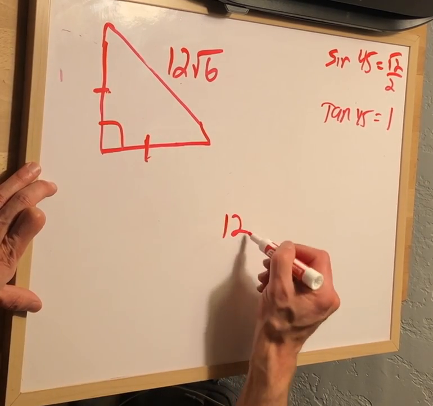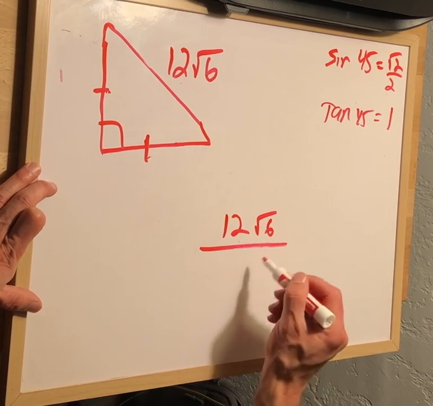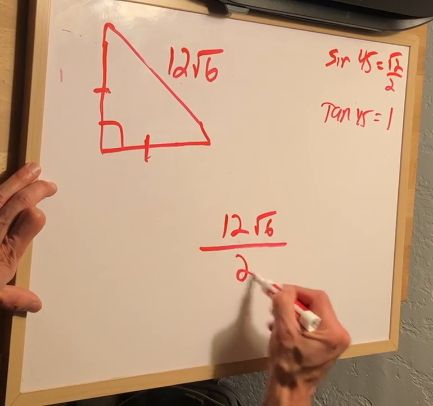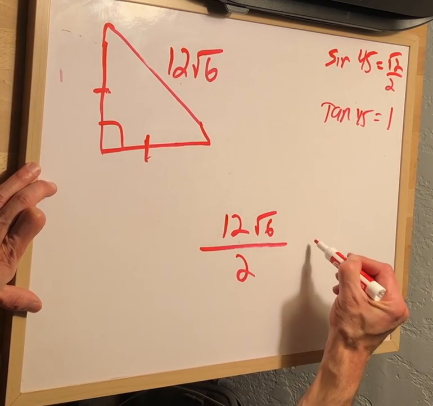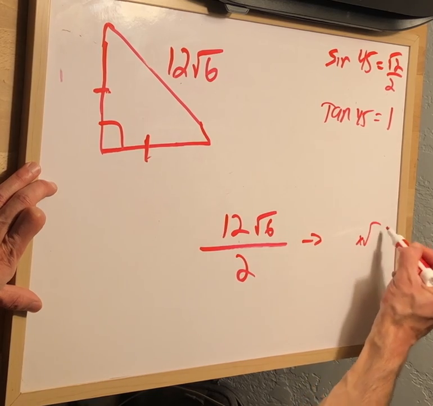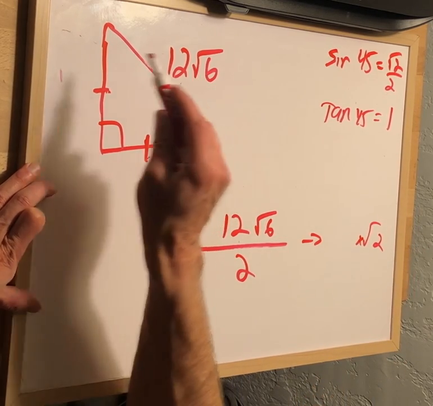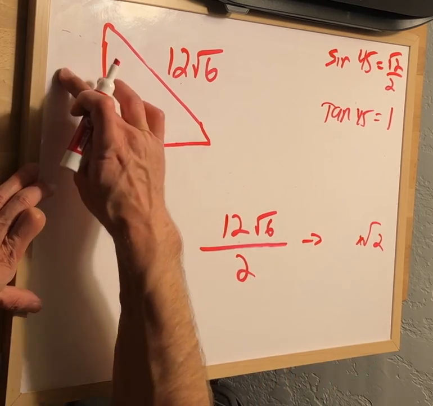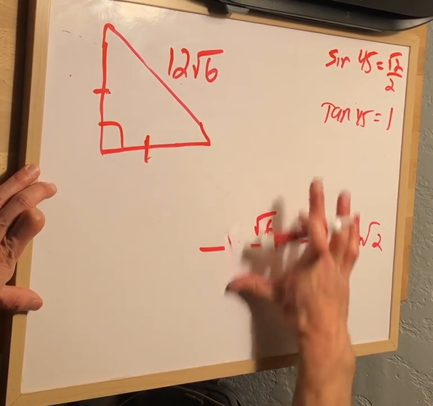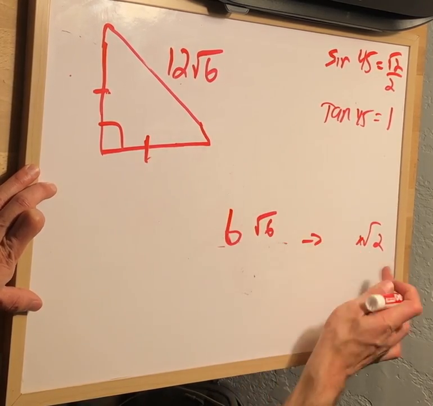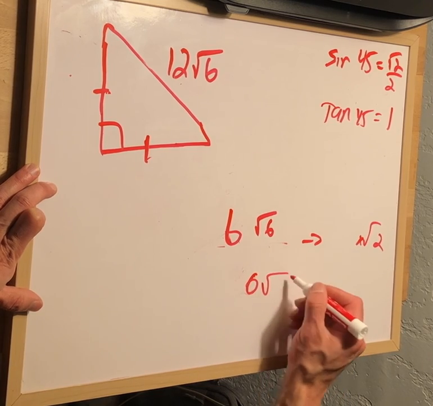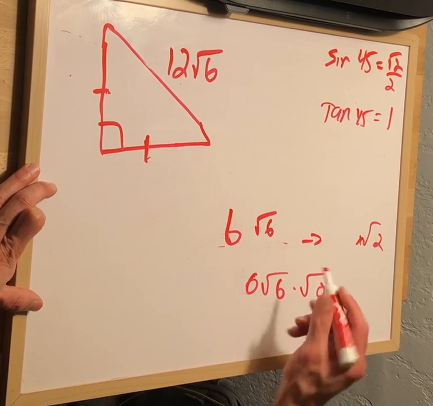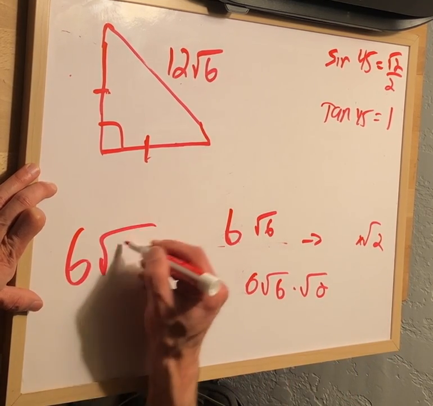We're going to take half of 12 root 6 and then multiply that answer by root 2. So if this is 12 root 6, this is 6 root 6 times root 2. 6 root 6 times root 2 is going to give me 6 root 12.